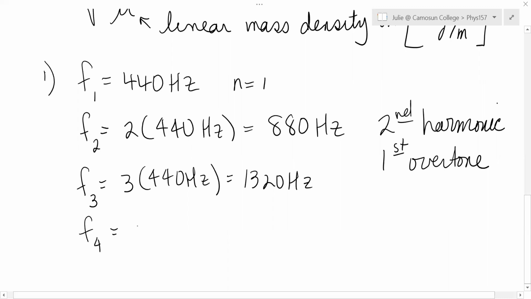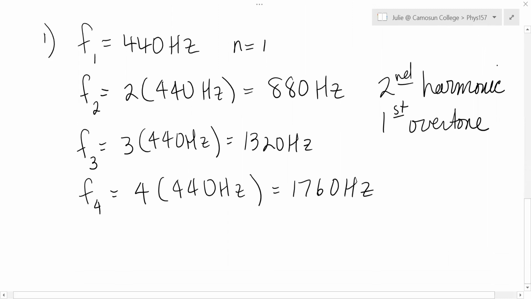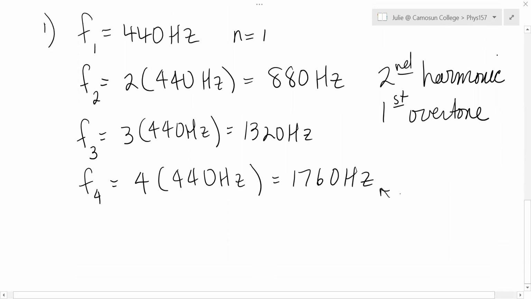And then F4, the fourth harmonic, you just multiply by 4. Okay, so that's how you get the frequencies of these higher harmonics. It'd be 1760. Okay, so that's pretty basic. So this would be the fourth harmonic or the third overtone.